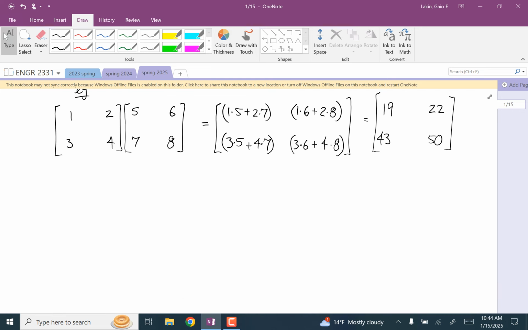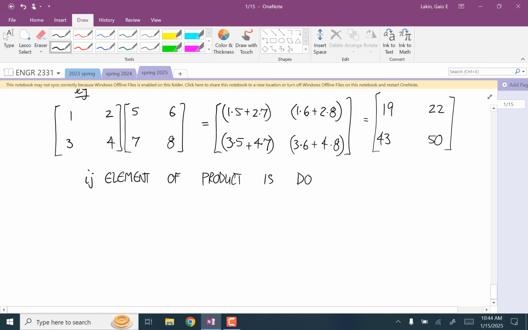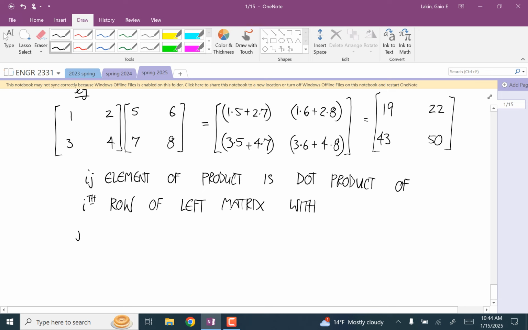But remember that the ij element of the product matrix is the dot product of the ith row of the left matrix with the jth column of the right matrix.